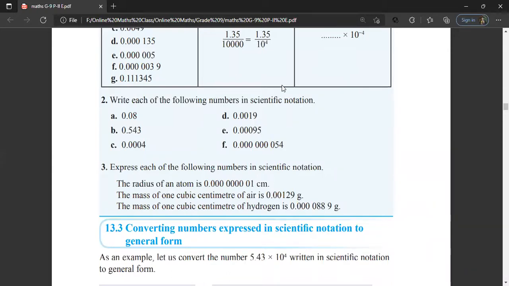Yes. Next. 5.4 into 10 to the power minus 8.